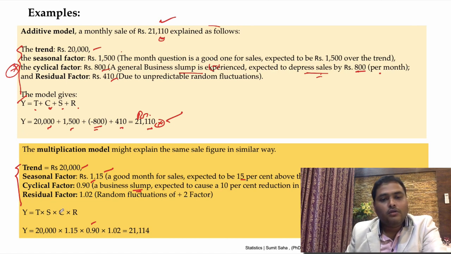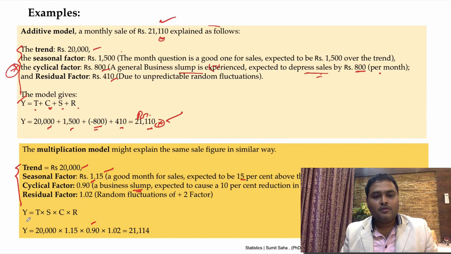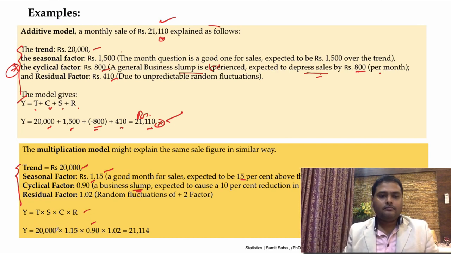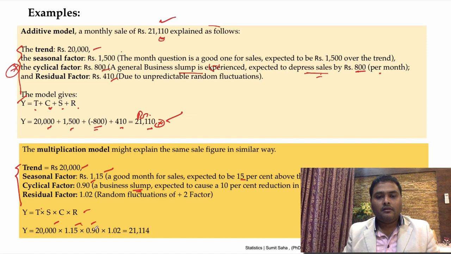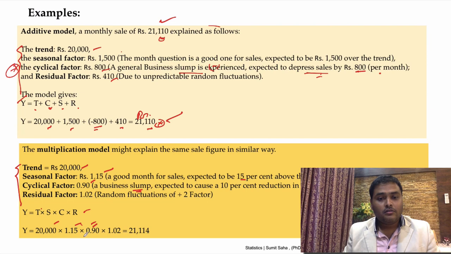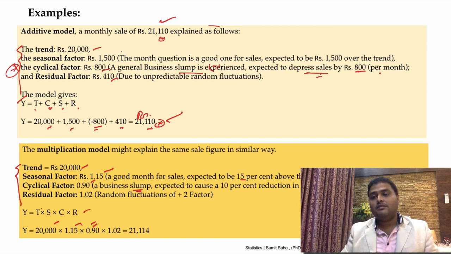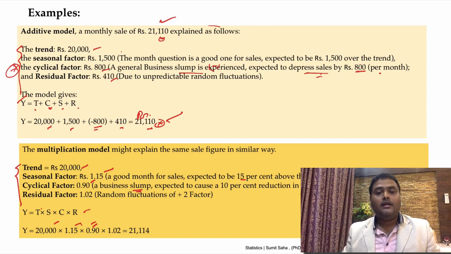Now we are going to use the formula of the multiplicative model, which is Y equals T multiplied by S multiplied by C multiplied by R. The value of T is 20,000. The seasonal factor is 1.15. The cyclical factor is given as 0.90. Again, I will not use the minus value. It is the plus value because it is given as 0.9. If it had been given as a 10% slump, then we would have used 1 minus 10%, which is 0.9, right? But here in this case, it is already calculated and given as 0.9.